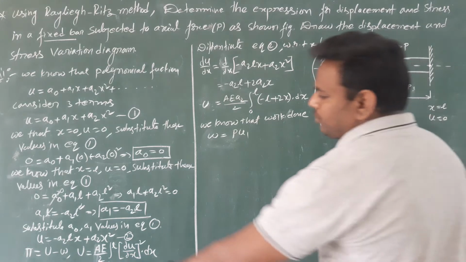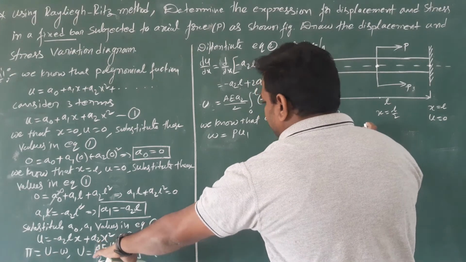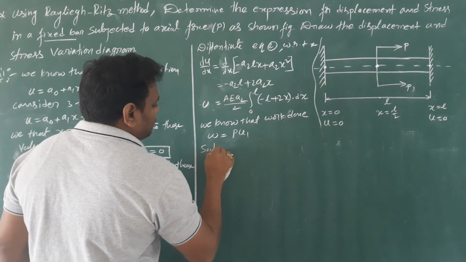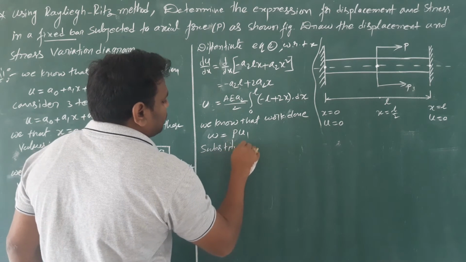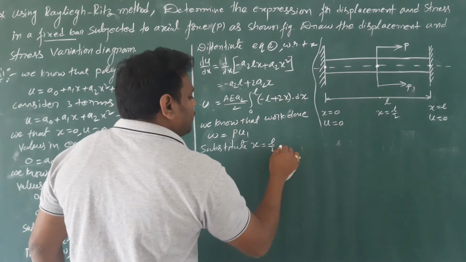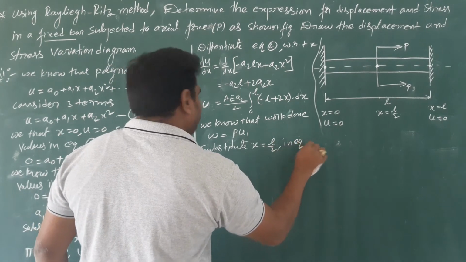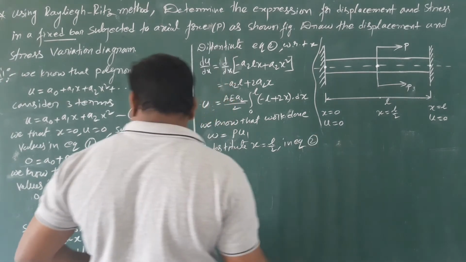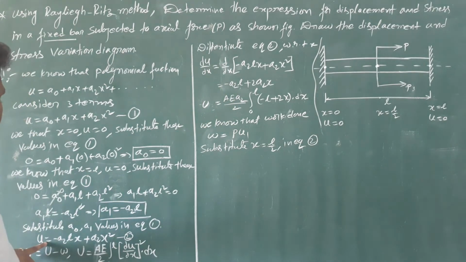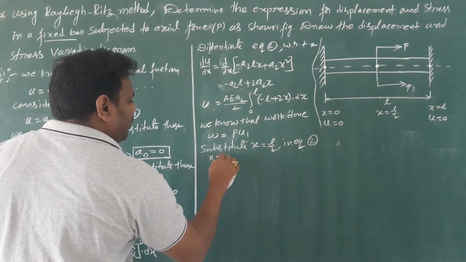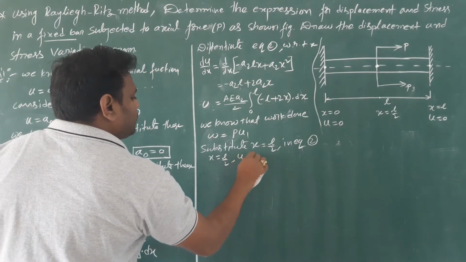We know U, so substitute x is equal to L by 2 in equation 2. Then we will get U1. That means x is equal to L by 2 and U is equal to U1.